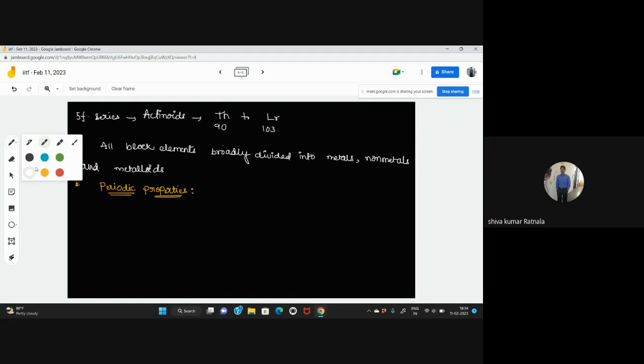So periodic properties means the properties which show regular gradation in groups and periods. Gradation means increase or decrease.